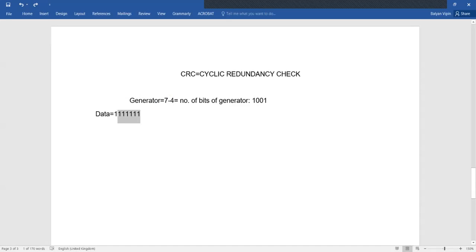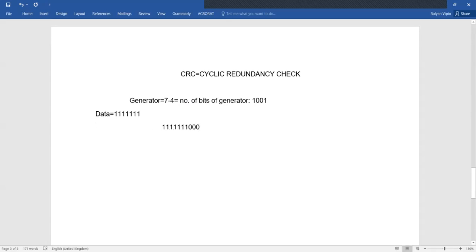So we copy it. This is the data I want to send, and because our appended bits are 3, to generate the CRC bits we first append 3 zeros, depending upon the number of bits you are using for CRC. You will use a similar number of zeros there.